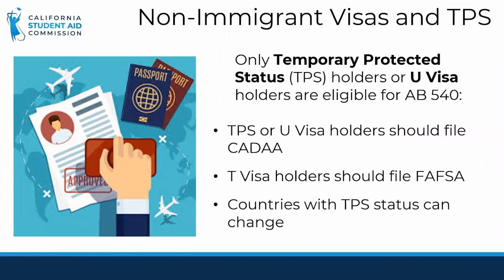So if a student is here on a visa to study, or if someone is here on a travel visa or a tourist visa, most of the time, they're not going to be eligible to complete an application because they don't meet the requirements. Now, the exception for the California DREAM Act application, like I said, is if someone is from a country that currently has TPS or temporary protected status, or they hold a U visa. If a student has a T visa, they should file the FAFSA.